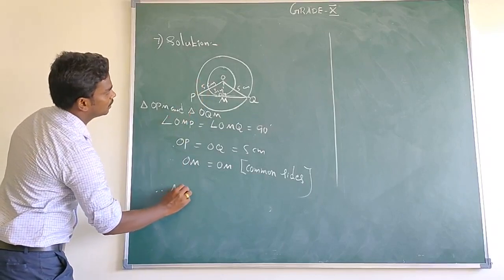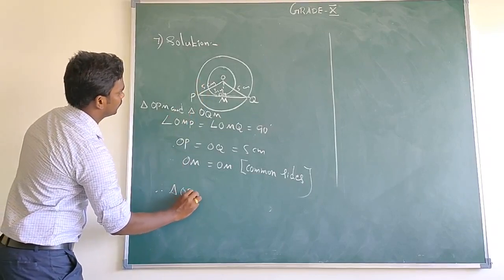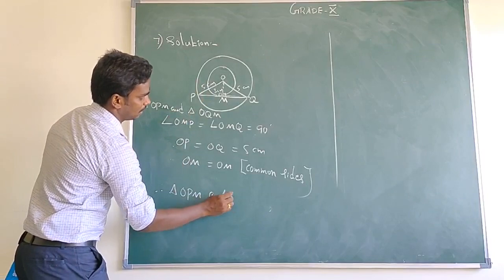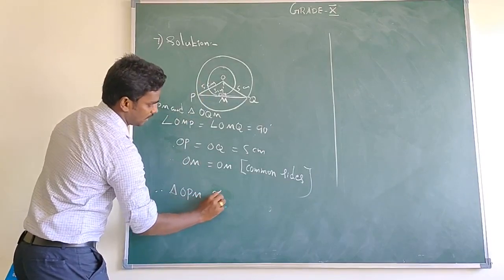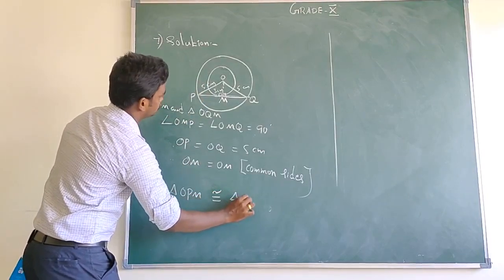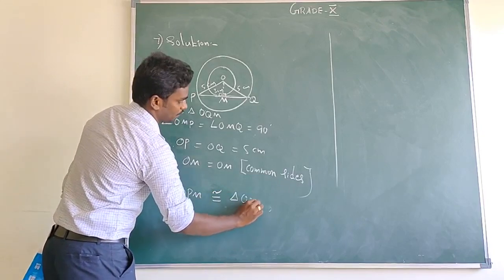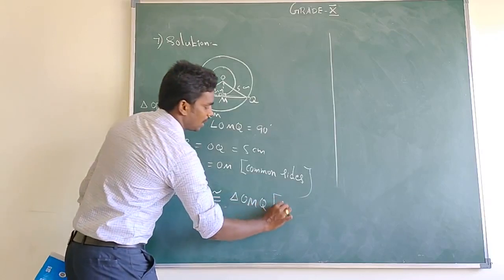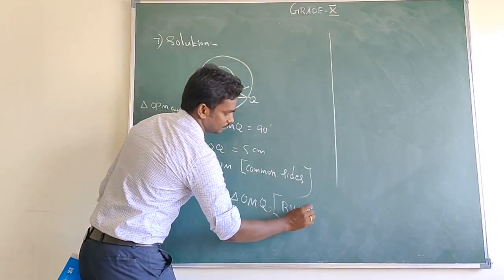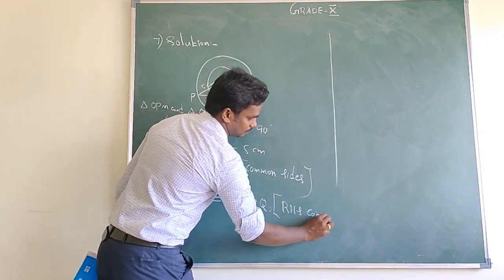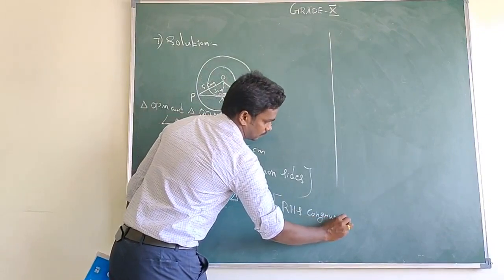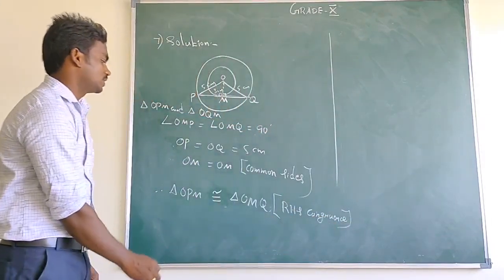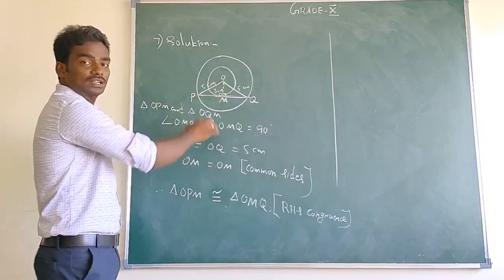Therefore, triangle OPM is congruent to triangle OMQ. By what condition? These two triangles are congruent by the RHS congruence criterion.